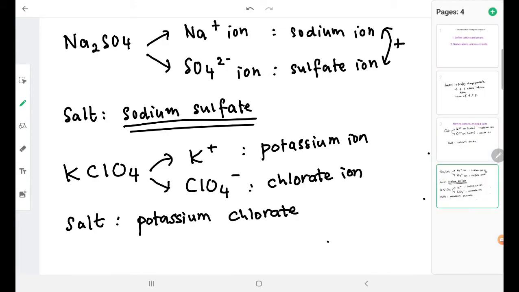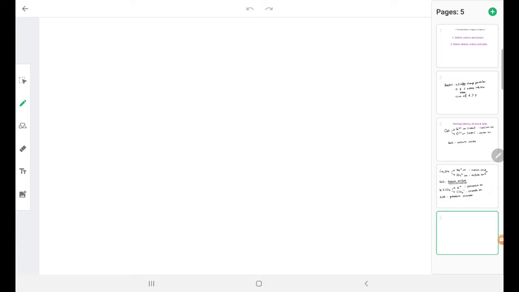So the next example is Fe(NO3)2. Okay, so for this one we divide it into cation and anion. So Fe, the charge is 2, so Fe2 plus and NO3 minus.